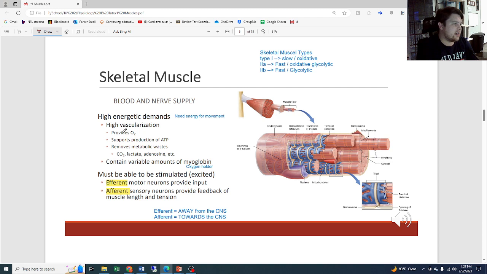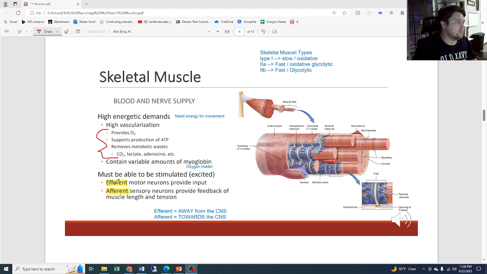Skeletal muscle has high vascularization, which provides oxygen, supports the production of ATP, and removes metabolic waste, such as CO2, lactate, adenosine, etc. This is all a review, remember, from Biochem 1. We learned all about those things.